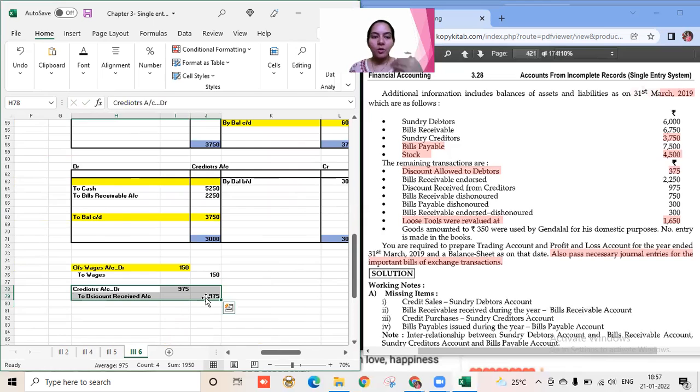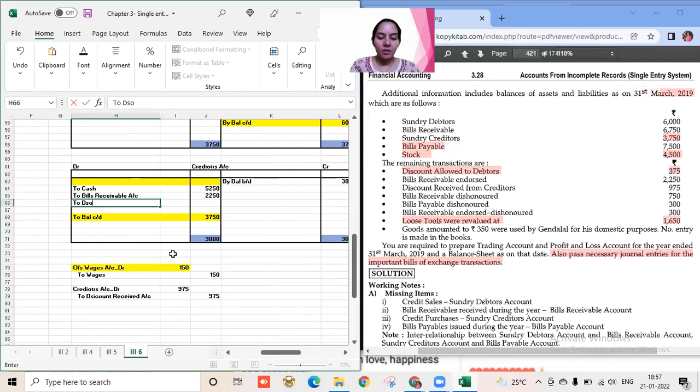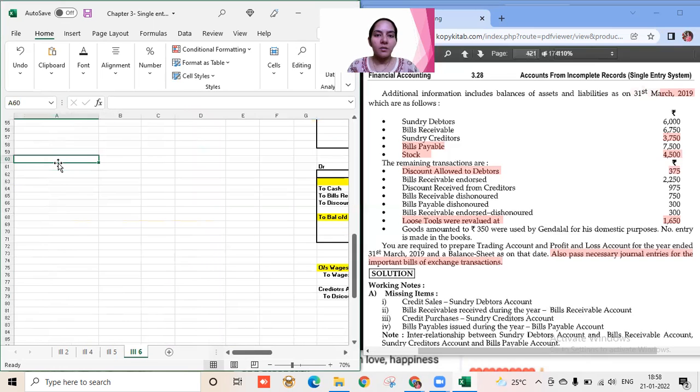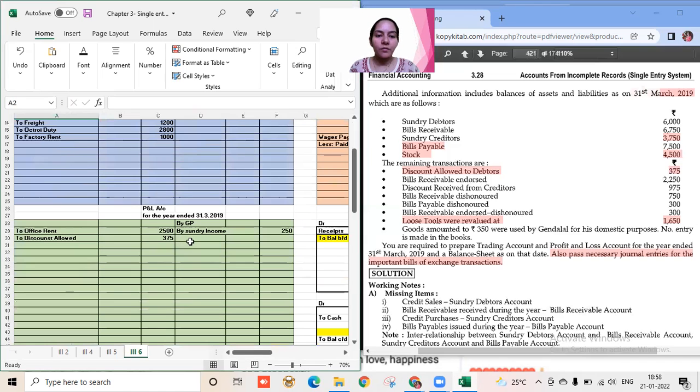So debit the creditors account. Go to the creditors account debit side, to discount received. The amount is 975. Go to the discount received. We don't have a discount received ledger, but where do we put the discount received? On the credit side of the profit and loss account.